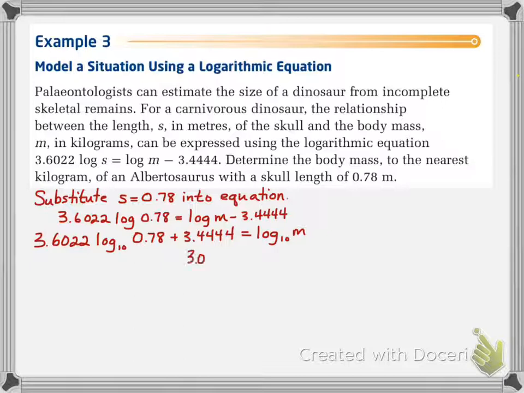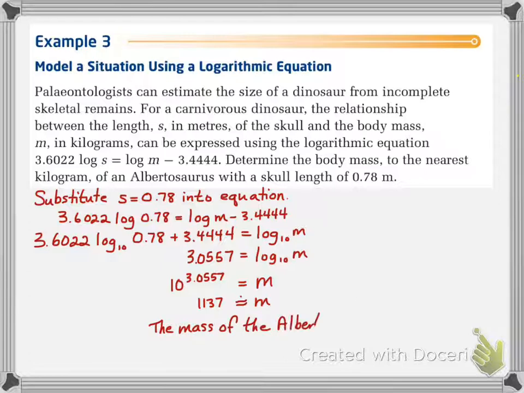Now, we're going to simplify, and you're going to get 3.0557 is equal to the log base 10 of m. So that tells me that 10 to the power of 3.0577 has to equal m. And that's going to approximately be 1,137. So the mass of the Albertosaurus was approximately 1,137 kilograms.